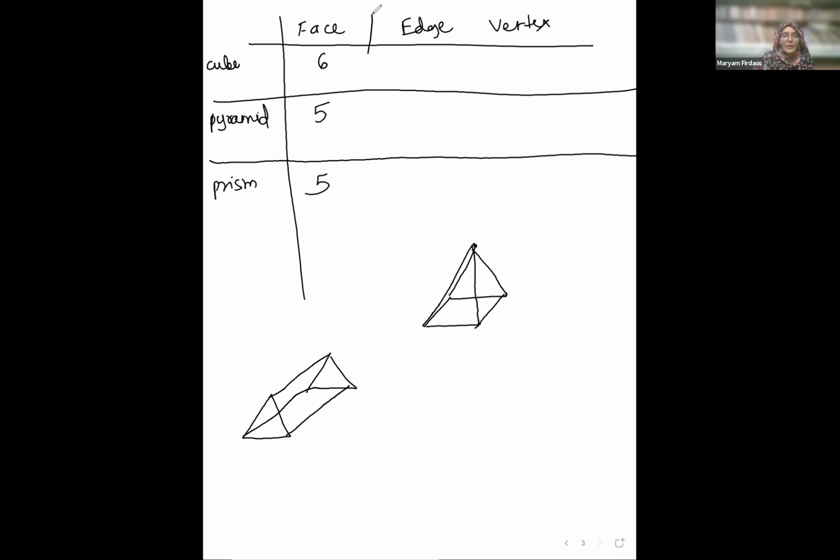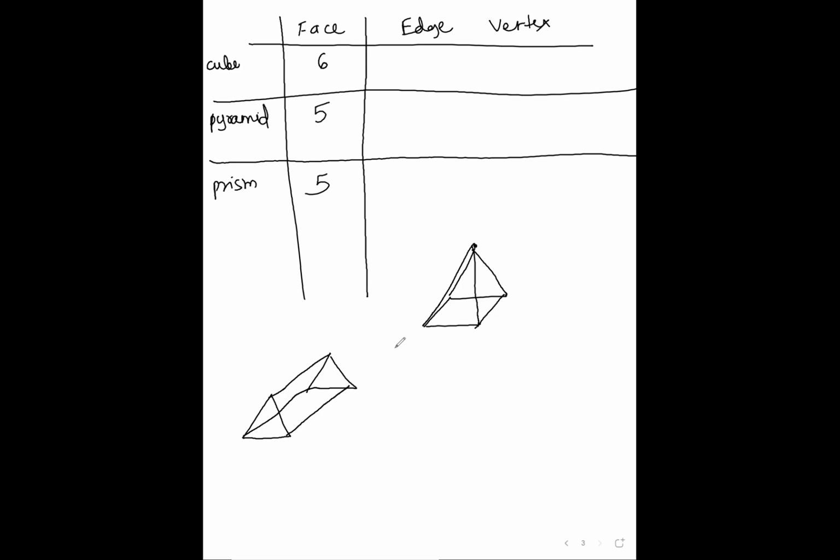Okay, how many edges does a cube have? Do you know what is an edge? Yeah, edge is this. The sharp thing that you can run your hand along.